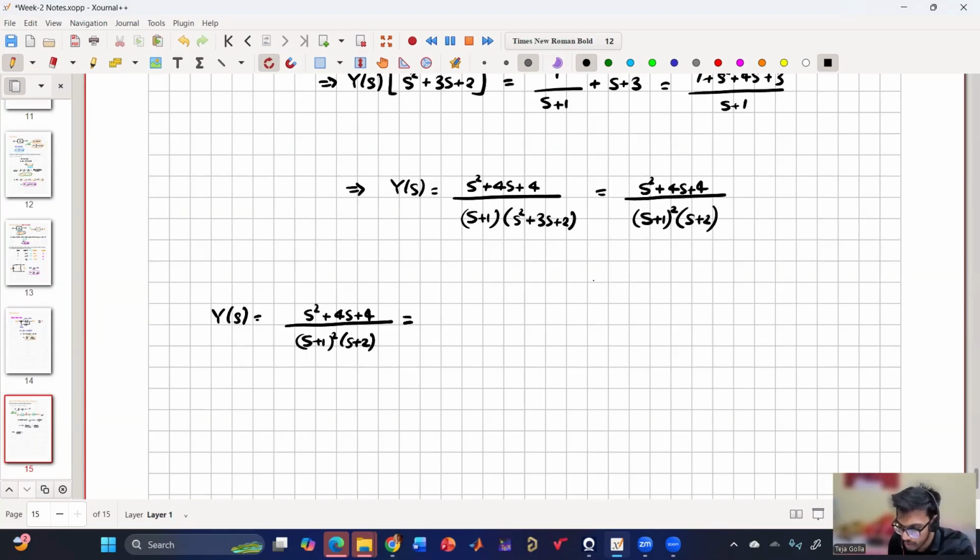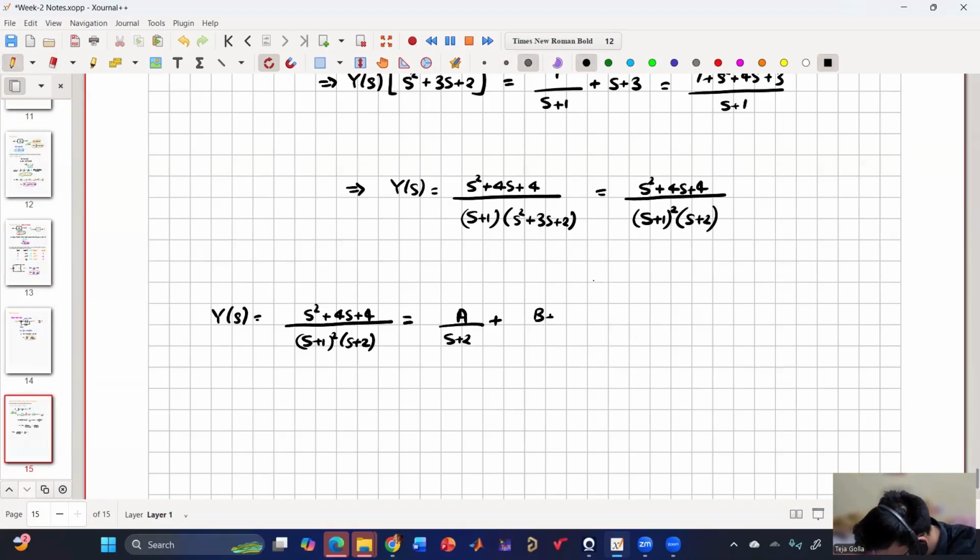So one is a by (s plus 2) plus b by (s plus 1) whole square plus cs by (s plus 1) whole square. Or I could say a plus bs, because it is second order, the numerator will be first order.